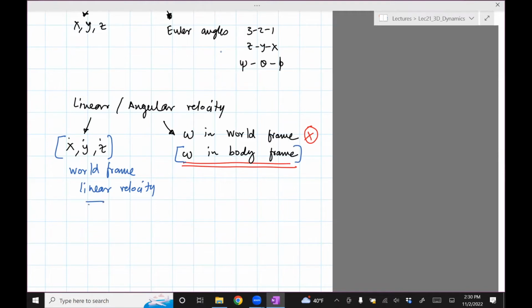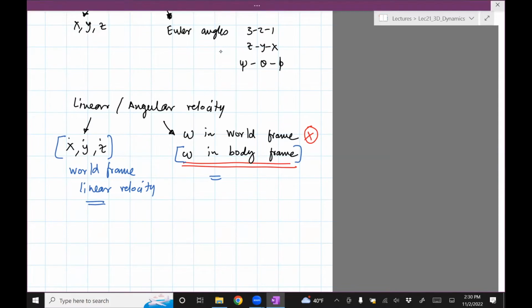So we use the world frame linear velocity, but we always use the angular velocity in body frame. So this is the difference you normally see when you talk about motion in 3D versus that in 2D. 2D usually use the angular velocity in world frame. Yeah, and I'll get to that in a bit.